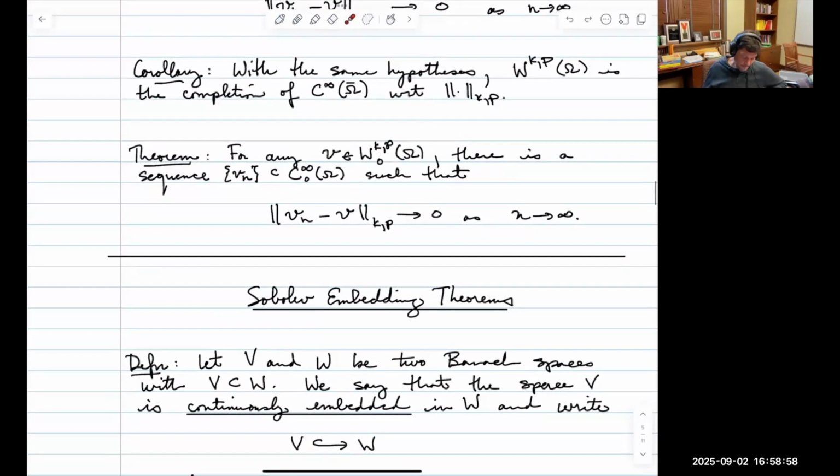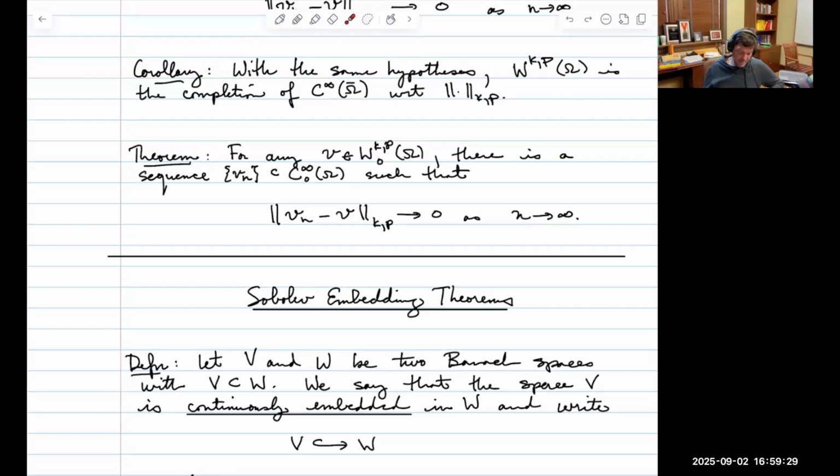This is related to the definition that we made earlier. In fact, it's really just a restatement; it falls out right from the definition. If you remember how we defined these functions, for any v in this function class, there exists a sequence v_n of compactly supported C infinity functions such that the W^{k,p} norm of v_n minus v converges to 0 as n goes to infinity.